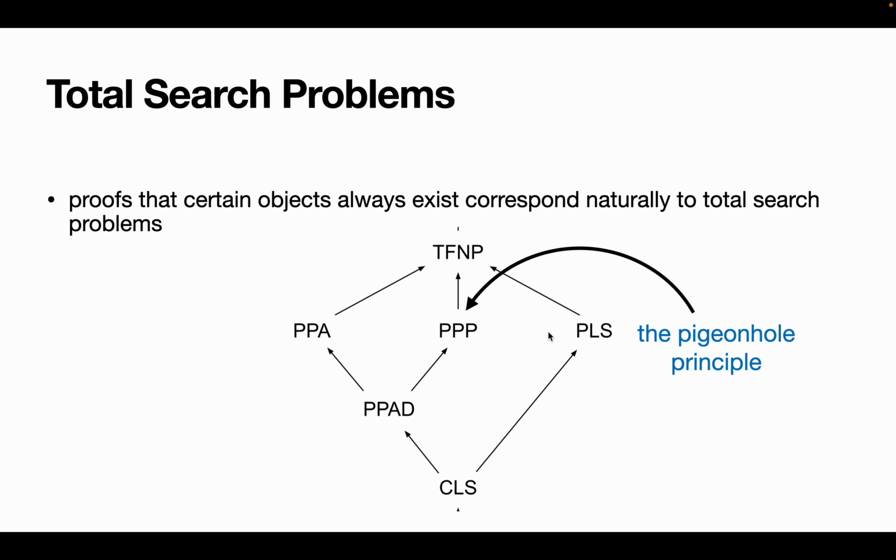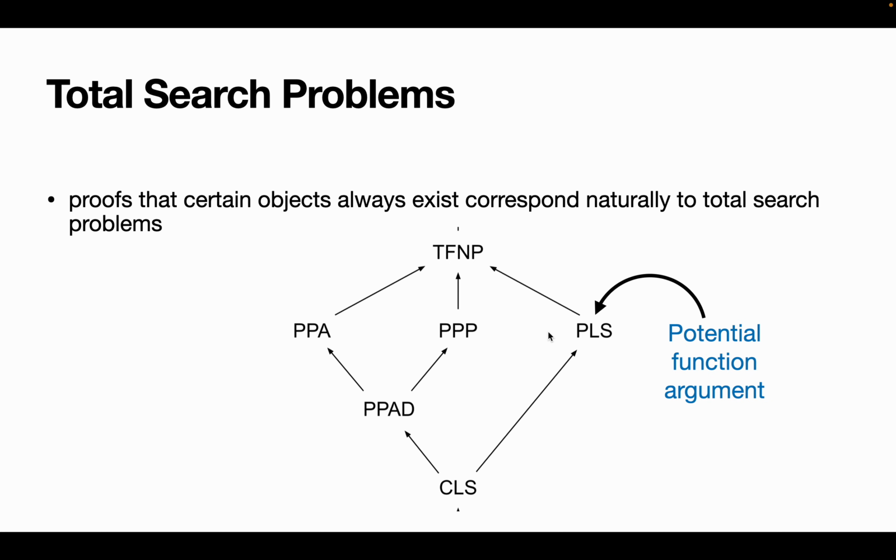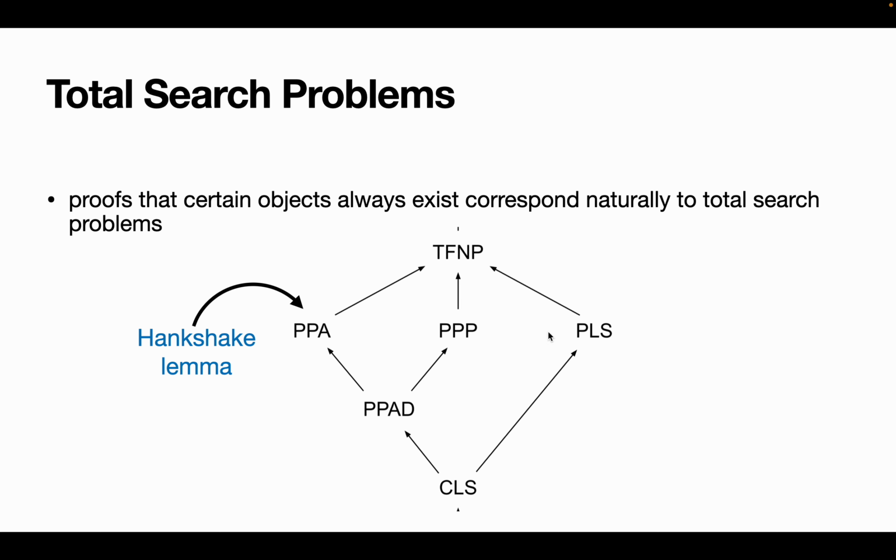So for example, weak pigeon belongs to PPP. Similarly, PLS is the class of problems where totality can be proven using a potential function argument. PPA is the class of problems where totality can be proven using the handshake lemma. For example, Nash equilibrium is in PPA.